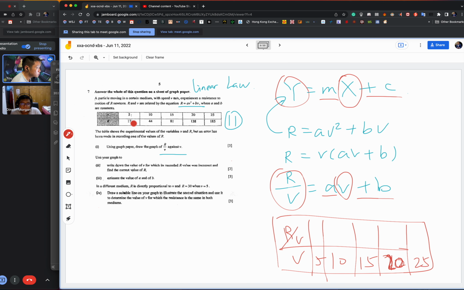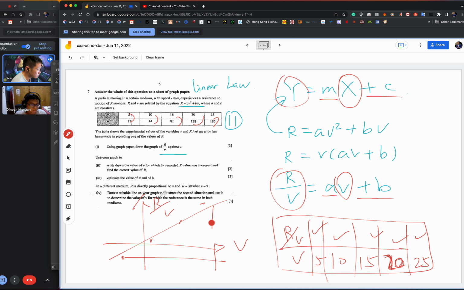R over V, you just use a calculator to get all the corresponding values. Then you sketch your R over V against V, and somehow you will get a straight line. Once you get a straight line, you just find the gradient, and that's your A. Then your y-intercept is going to be your B. That's how you estimate your A and B. So easily 3 marks, 2 marks, and 3 marks.